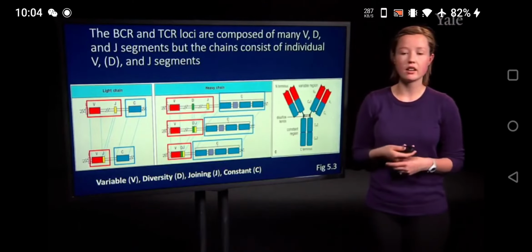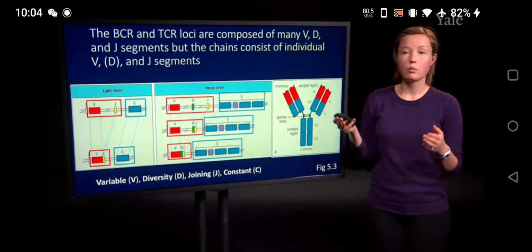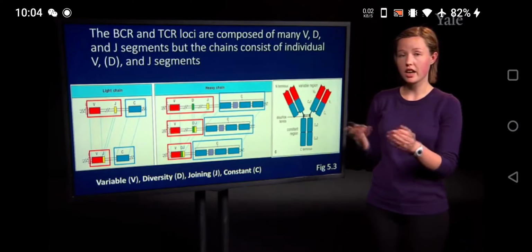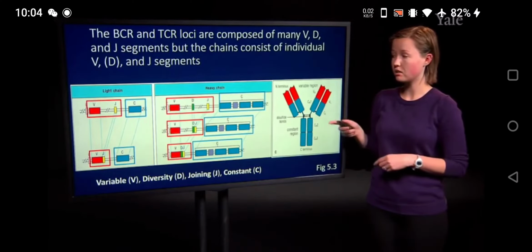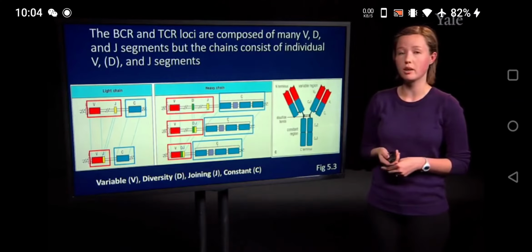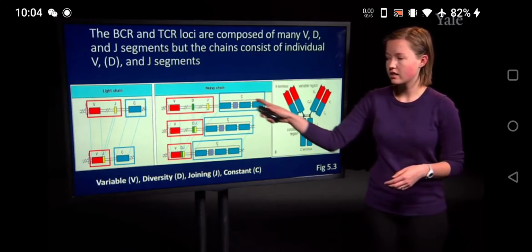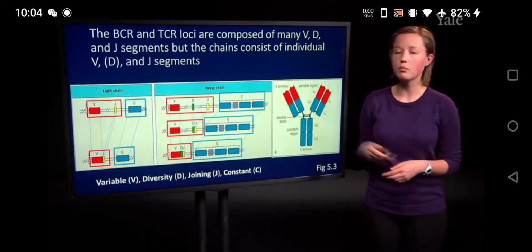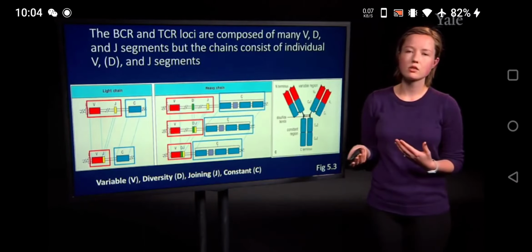So we will have to pick a V and a J, or a V, D, and J to be brought together to create this variable region. And then this constant region, shown by the blue boxes, is what provides the structural integrity for these lymphocyte antigen receptors.